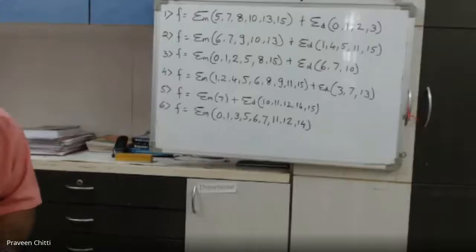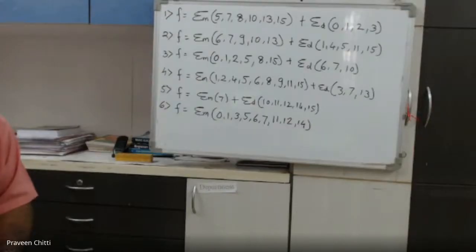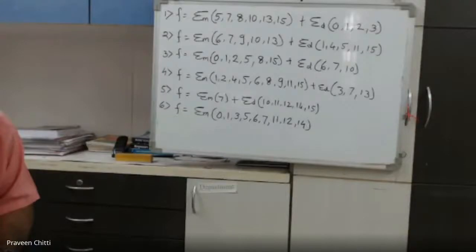Yes. So can you tell first one? First one sigma m, not visible. Yes, sir. It is 5, 7, 8, 10, 13, 15. Clear? Okay, sir. Plus sigma d 0, 1, 2, 3. Rest all clear? Yes, sir.